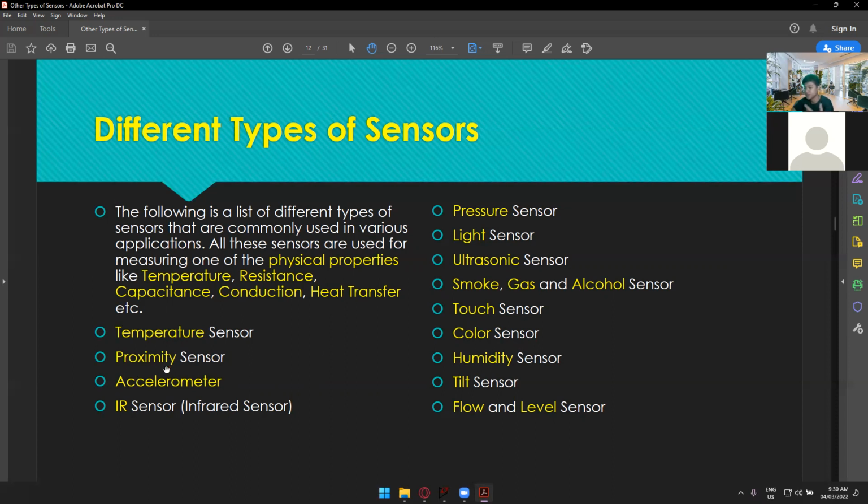So we have temperature, proximity, accelerometer, IR, pressure, light, ultrasonic, smoke, gas and alcohol, touch, color, humidity, tilt, and then flow and level sensor. Those are the most common types of sensors. There are probably more that are not included here, but these are already the common types.